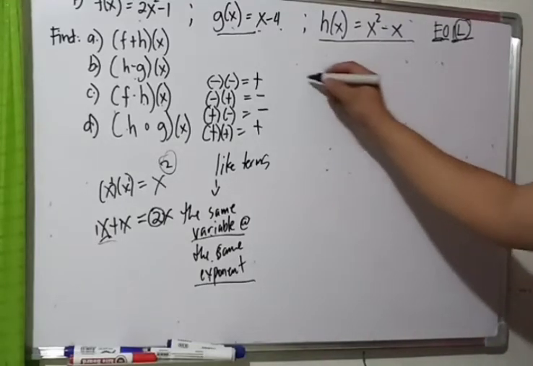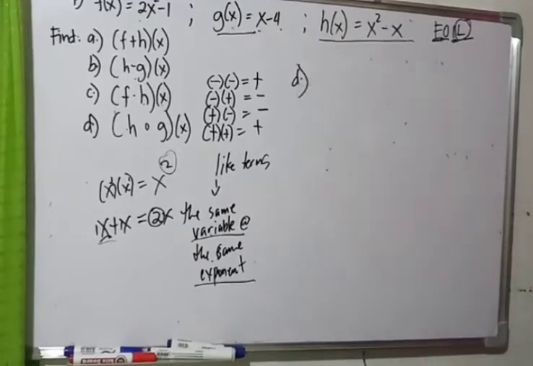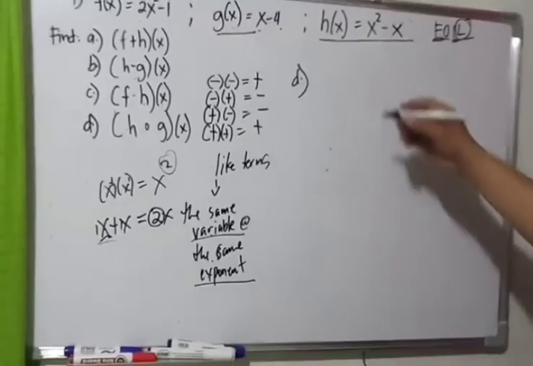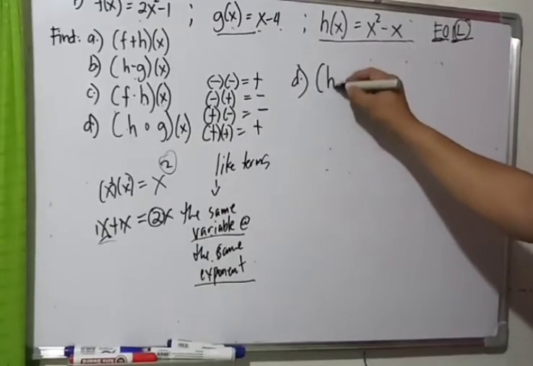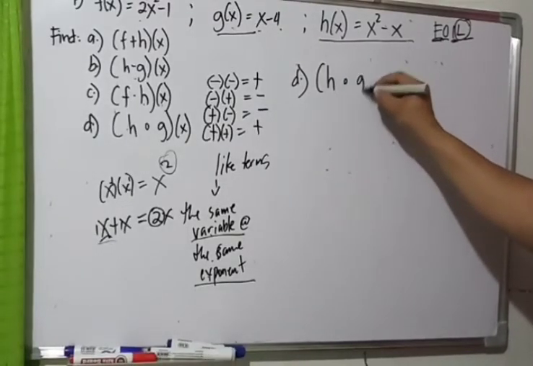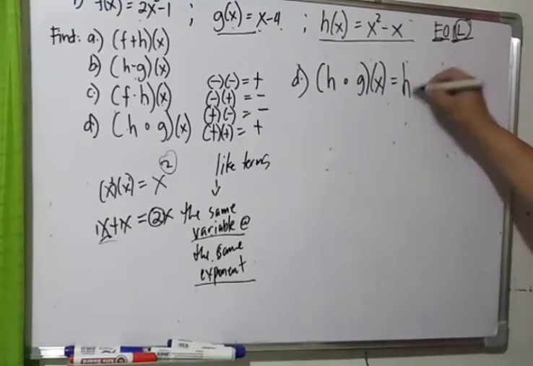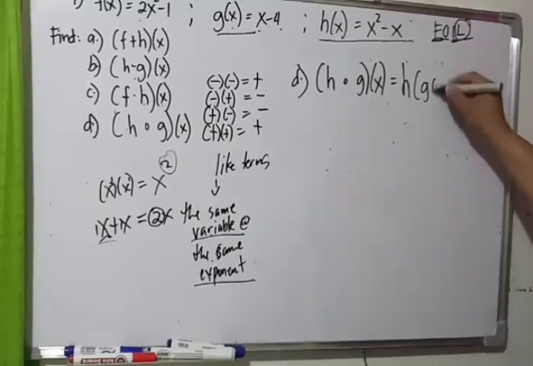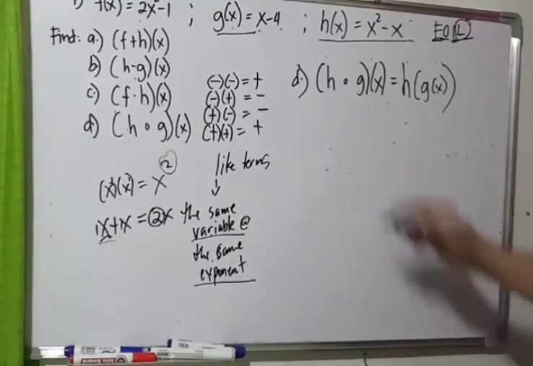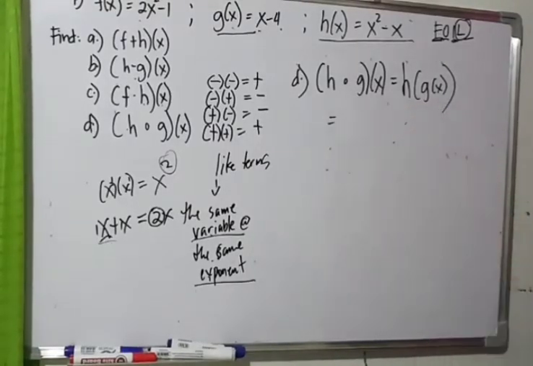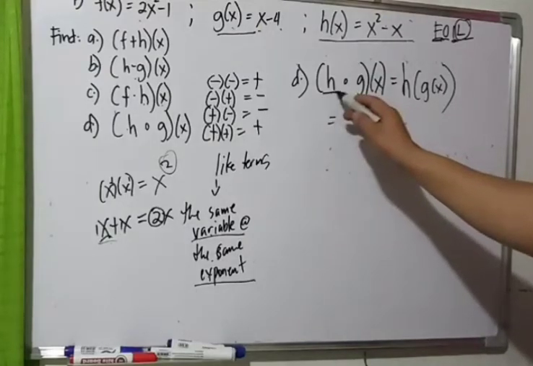Okay, so letter D, that is an example of composition of functions. Based on this formula, the quantity of H composed of G of X equals H of G of X. Again, in composition of functions, tingnan natin yung una, ito yung given.